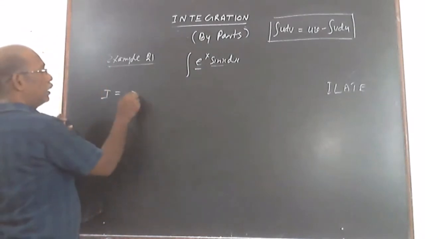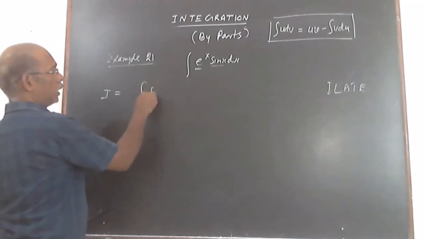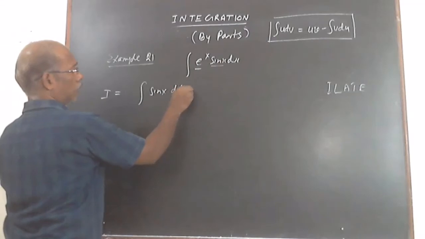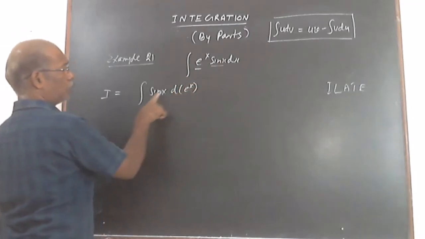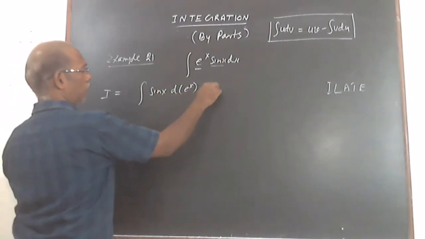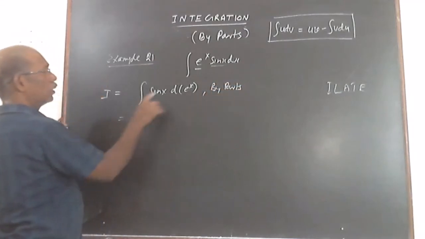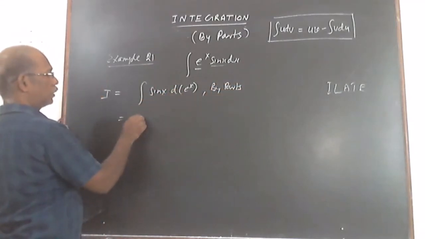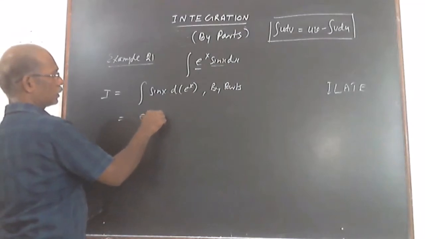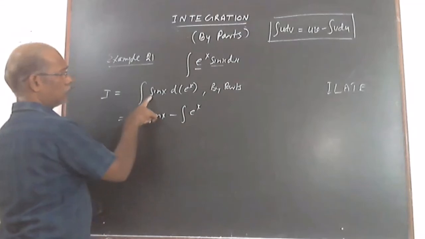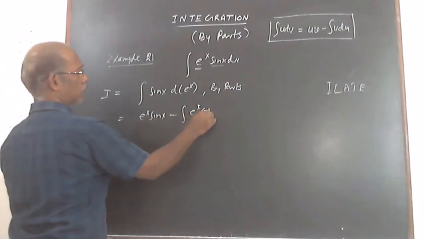This is the first time, e power x, and sin x is the first function. E power x dx will be written d of e power x, u dv. Now we are going to expand by parts, uv: e power x sin x minus integral of e power x into the differential of sin x, cos x dx.